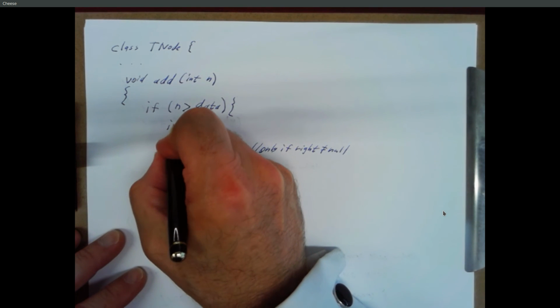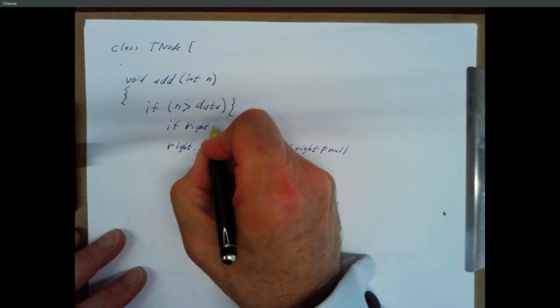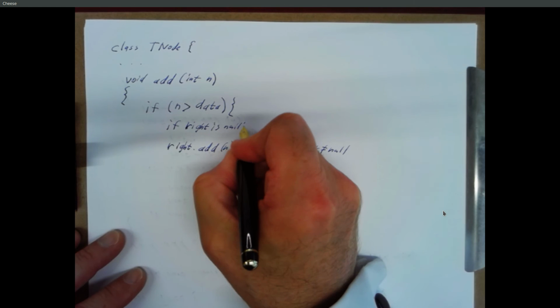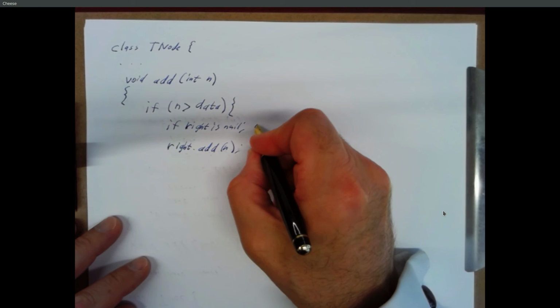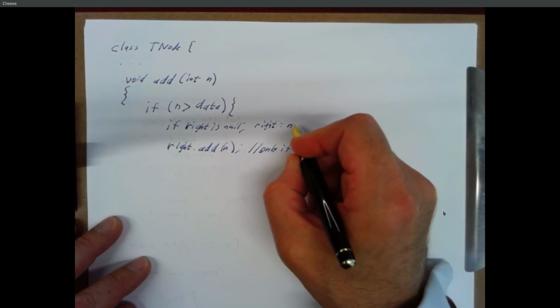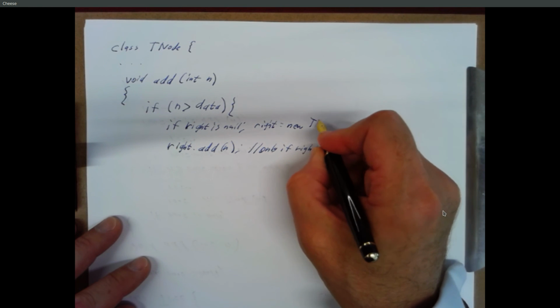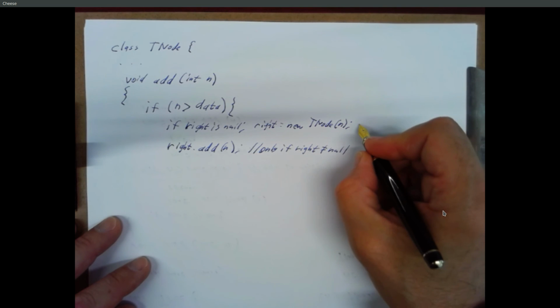So if right is null, then we know that our new node should go directly on the right subtree, so right should just be the new node. And we're done.